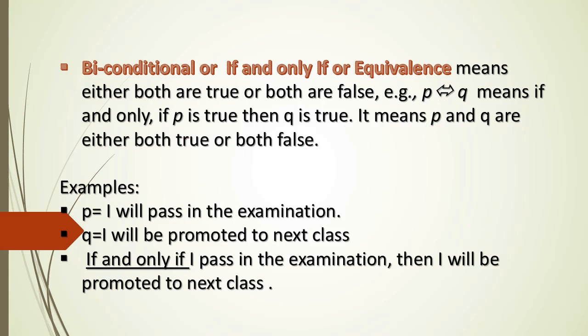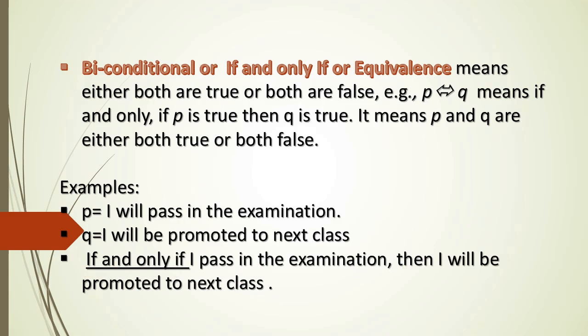Let's take this example to understand biconditional. P is a simple proposition: I will pass in the examination. Q is another simple proposition: I will be promoted to the next class. Now when these two simple propositions are combined by biconditional, we form another compound proposition which begins like this: if and only if I pass in the examination, then I will be promoted to the next class.